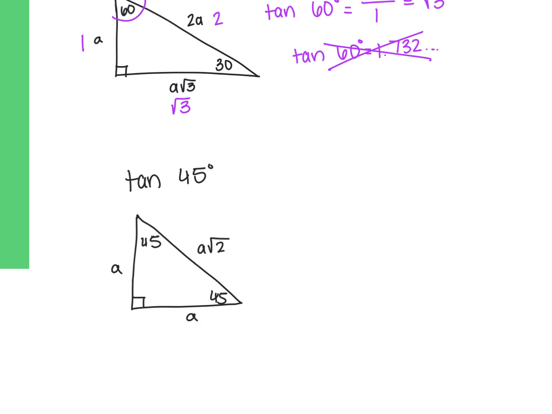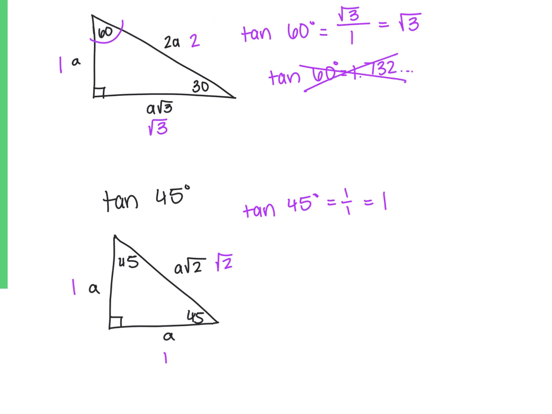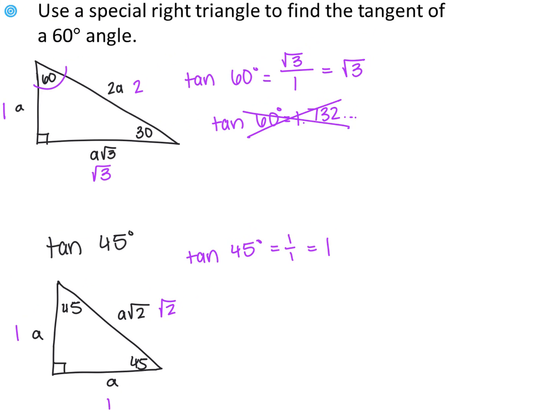But I'm using the values 1, 1, and the square root of 2. I have tan 45. My opposite and adjacent sides are both 1, so I'm just going to get 1 as my answer. Try plugging it into the calculator. Tan 45 does equal 1. So yes, that one is a whole number.